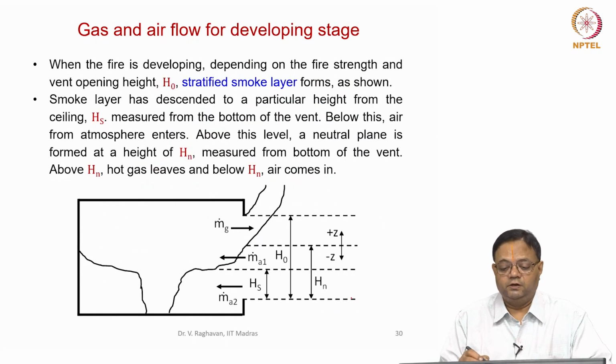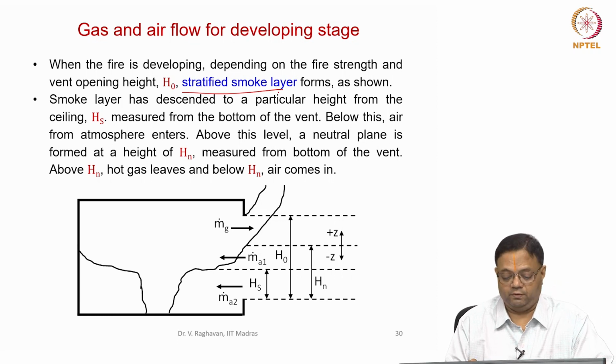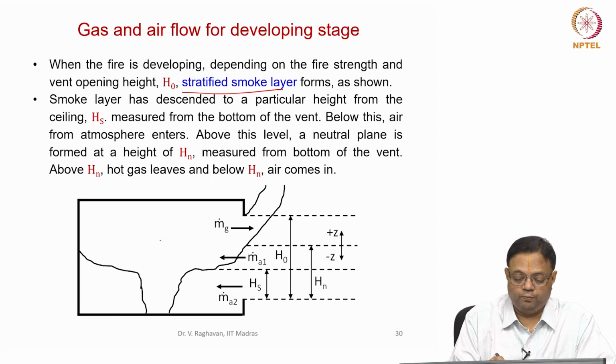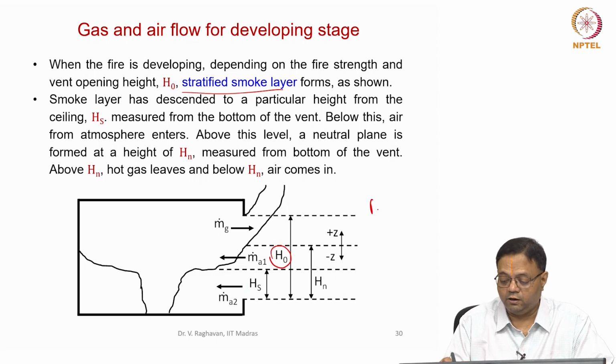Further we have seen stratified smoke layer forms in a developing fire. Fire is developed, so the smoke layer stratifies and descends down, and again you can see that there is a height of the opening H naught and area of the opening A naught.